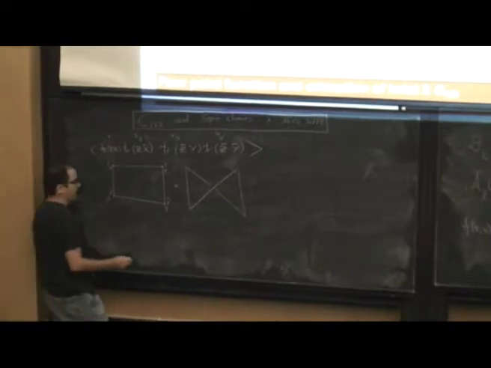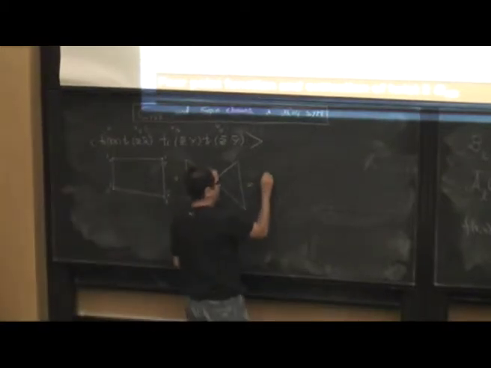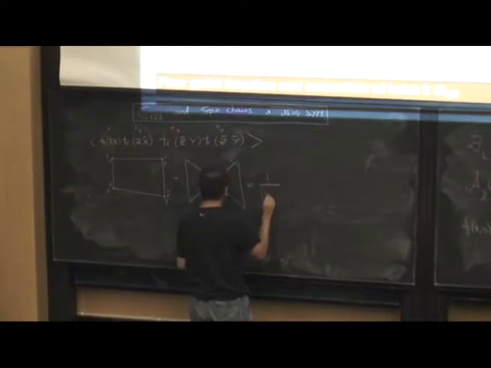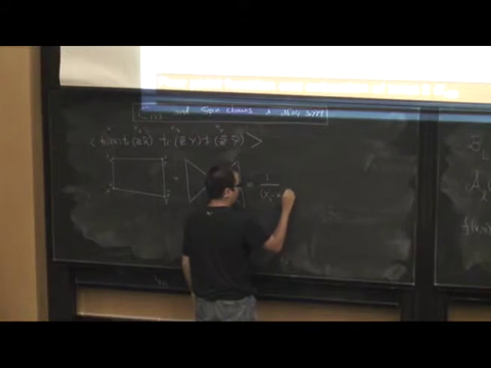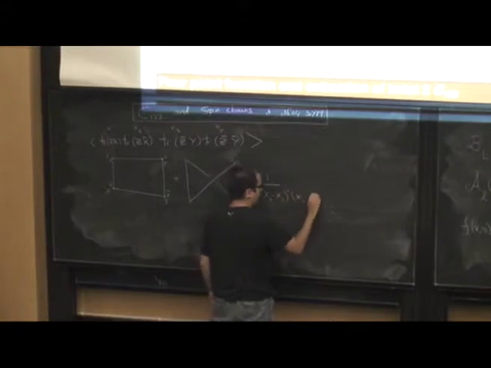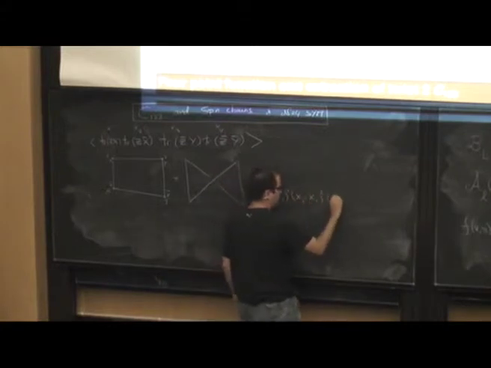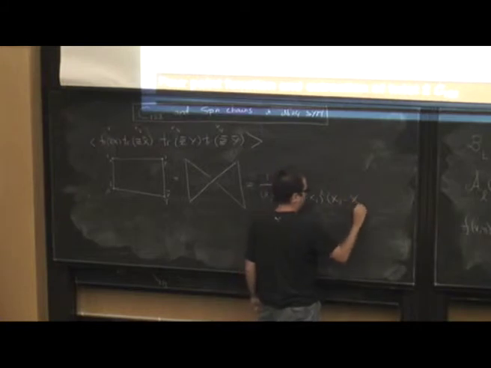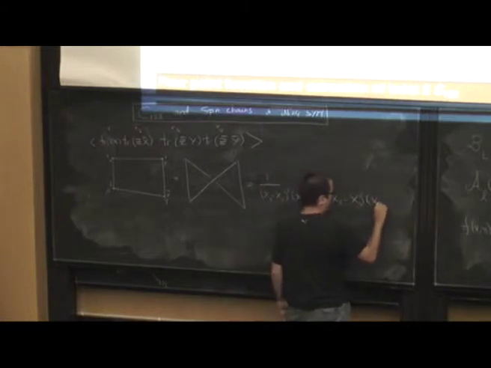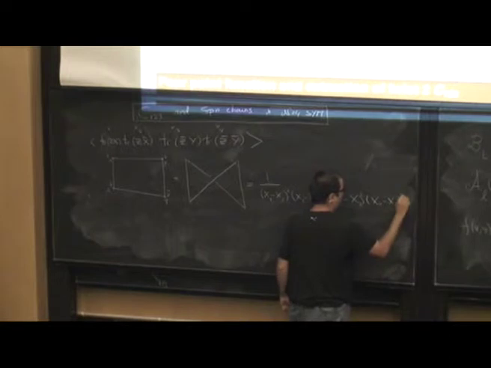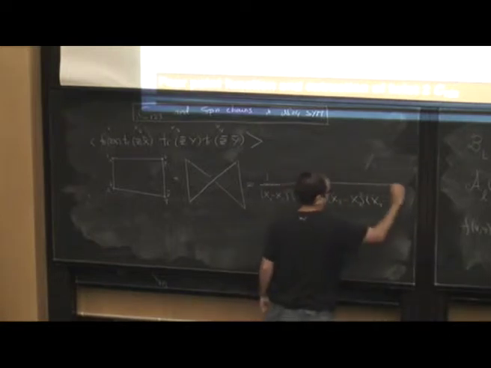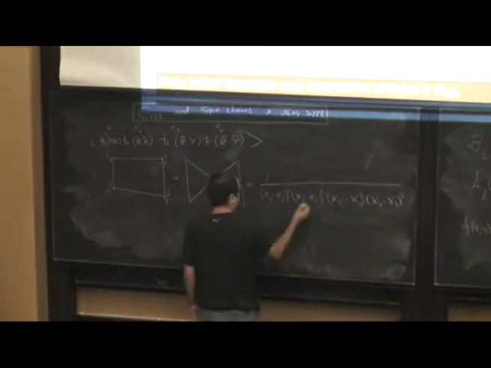So what do they give? They give 1 over, so let's do this one first, x1 minus x2 squared, that's a propagator, x2 minus x3 squared, x3 minus x4 squared, x4 minus x1 squared. That's the propagator of the square going around. Okay?